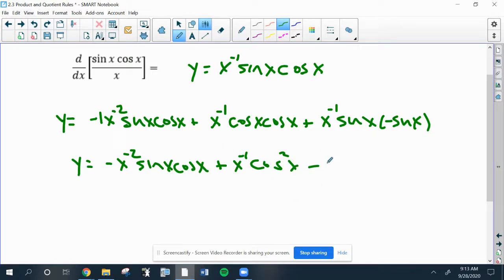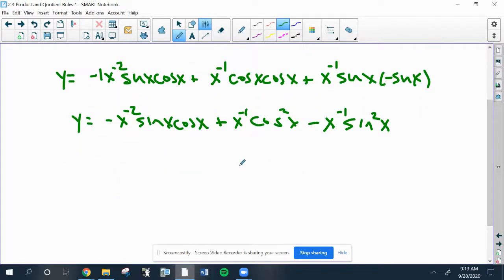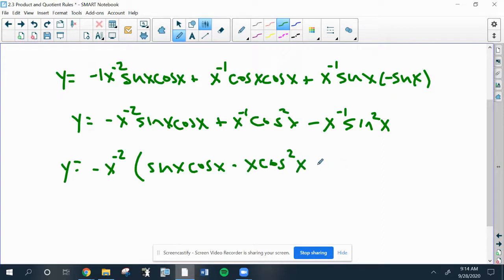It's minus. There is a common factor of, we're going to use negative x to the negative second. So this would be minus x to the first, be plus x to the first.